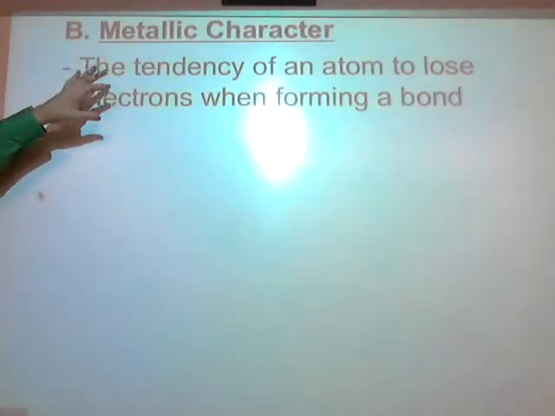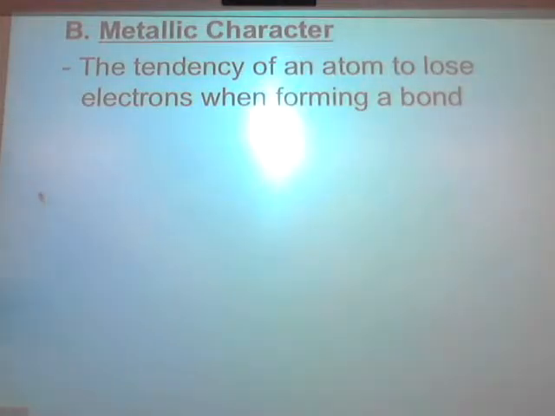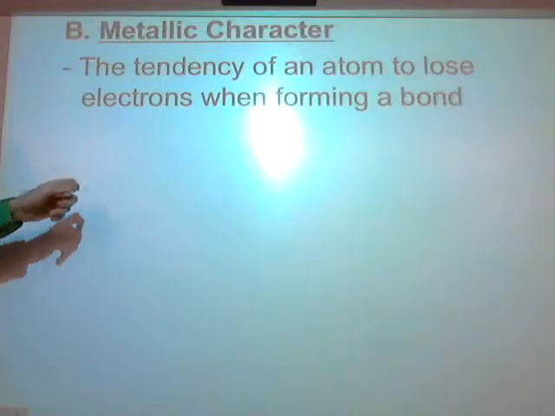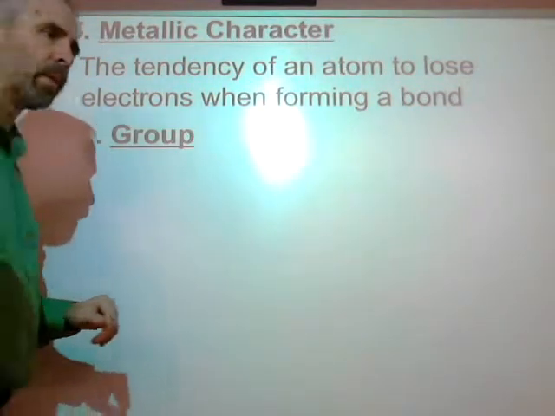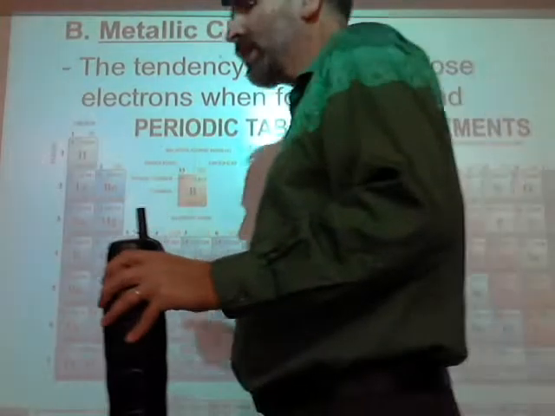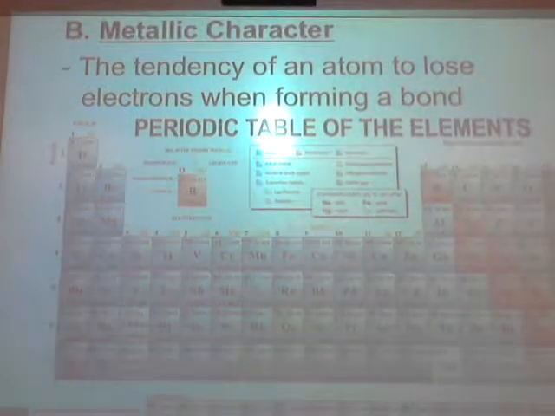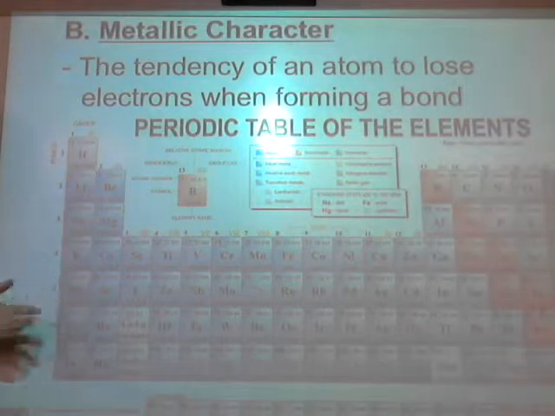All right, so if I know a guy is a metal who wants to lose electrons, let's see if we can't figure out which guys would be easier to lose electrons based on my prior trend within a group from top to bottom. Let's see if we can figure this out. As I go down this group, from top to bottom, we all know what happens with the size.